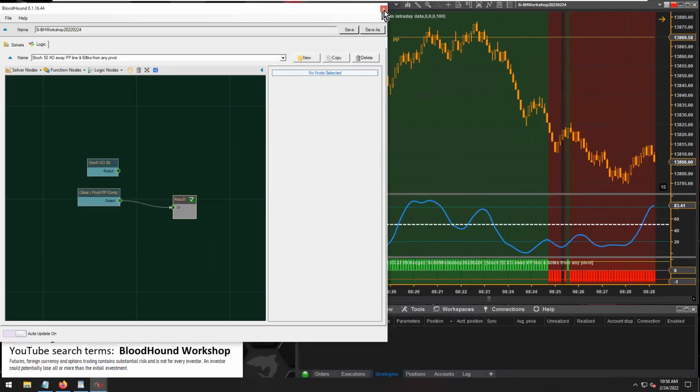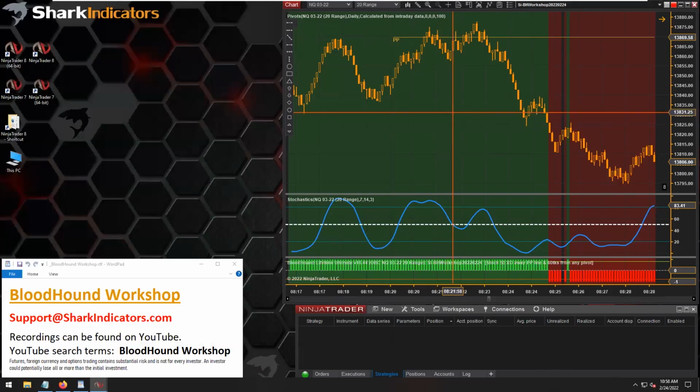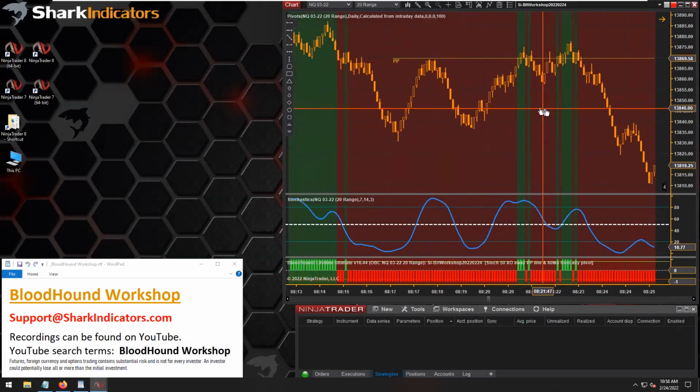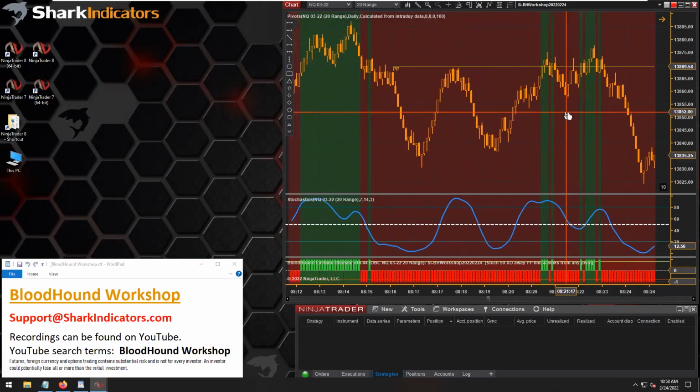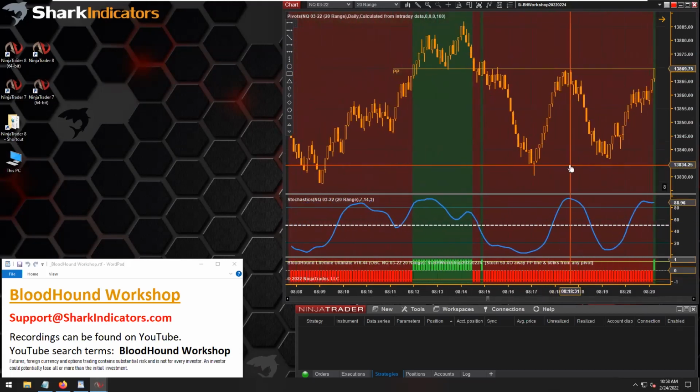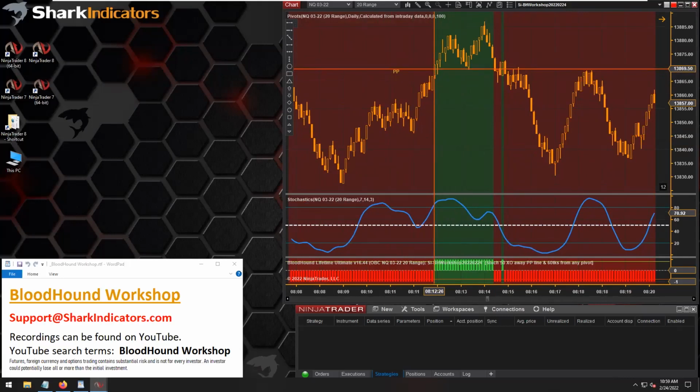Yeah, I'm not sure. Let's try and reload the chart, and maybe that'll fix things. There we go. Okay. So a chart reload fixed the discrepancies there. Simple enough, right? Price goes above the PP line, we get a long output.